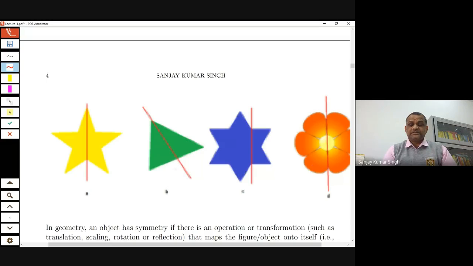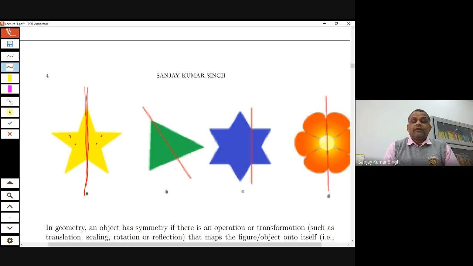In such examples, reflection. If you take this line, can you see my pen movement? Yes, sir. So if you reflect a point about this line, you will come here, reflect this point, you will come here. And after doing all this transformation, you can even define this transformation on the whole plane, R2 to R2, since the plane can be represented by R2.